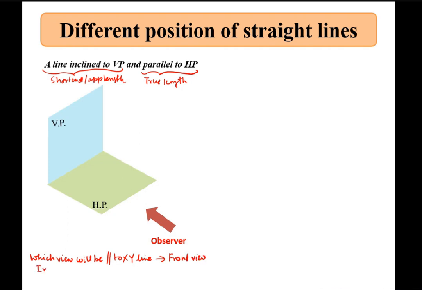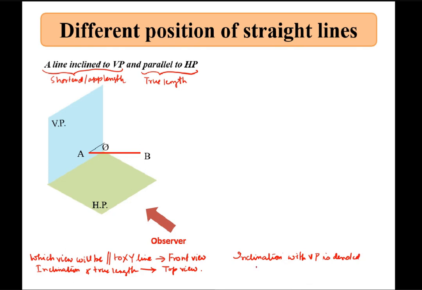And inclination and true length will be observed in the top view. Right? So I'll show you this one. This is my inclined line AB. Inclination with VP is denoted by phi.